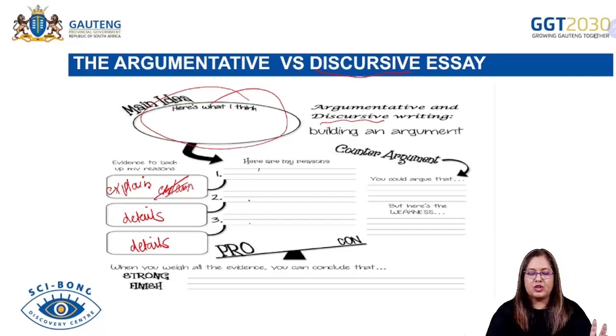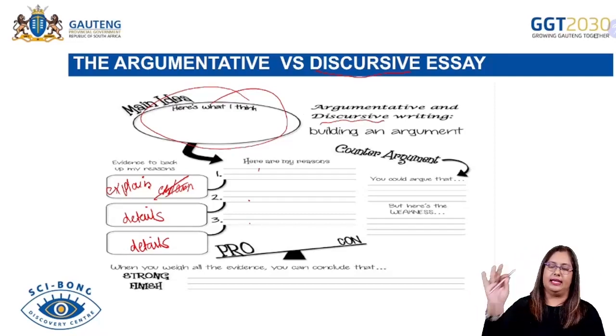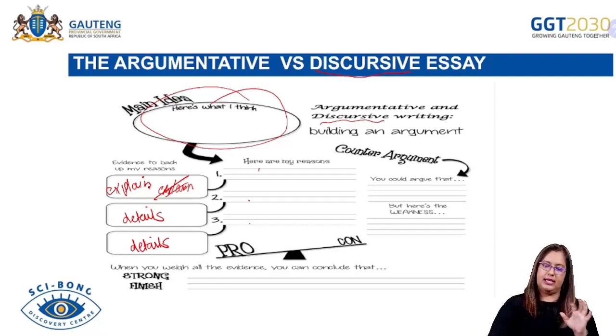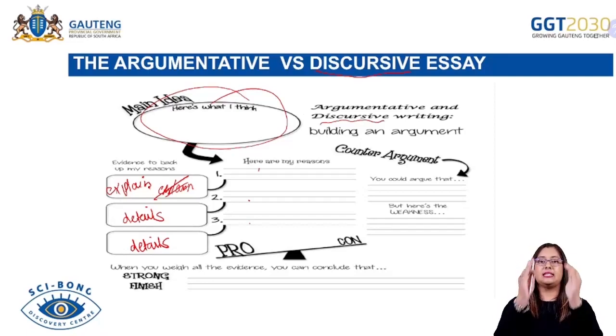Okay, so when you weigh all the evidence, you can conclude that you are either for or against. So if you are leaning more towards the for part, then that is where you will stick. In other words, you will say, this is my viewpoint and these are the reasons why I have that viewpoint, and stick solely with the pro.